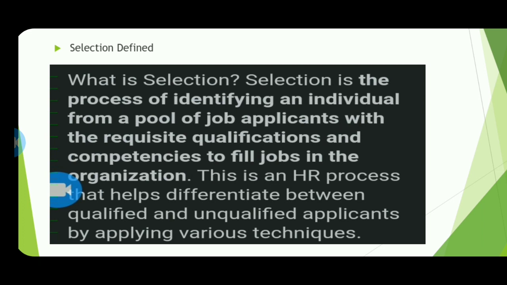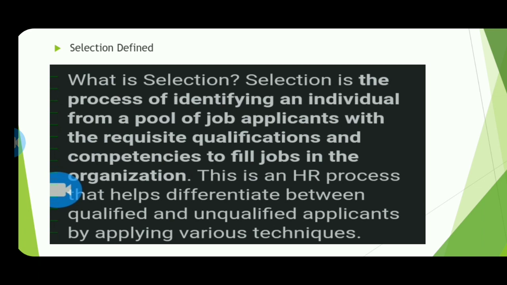Another example of selection is, for example, a certain company conducting a writing test for potential candidates to gauge or measure their writing abilities. The purpose of the employment test is to determine whether the candidates have the necessary skills and abilities that can be appropriately utilized in accordance with the job.